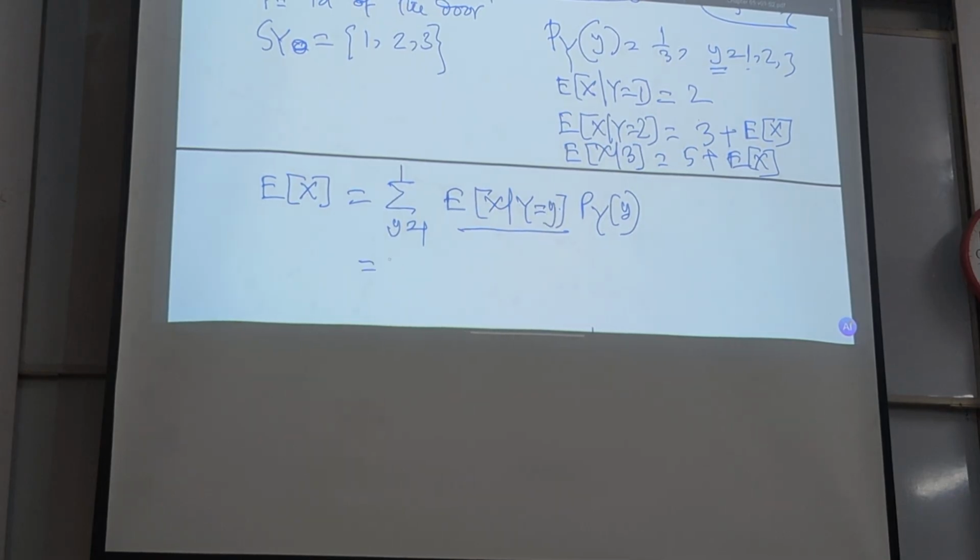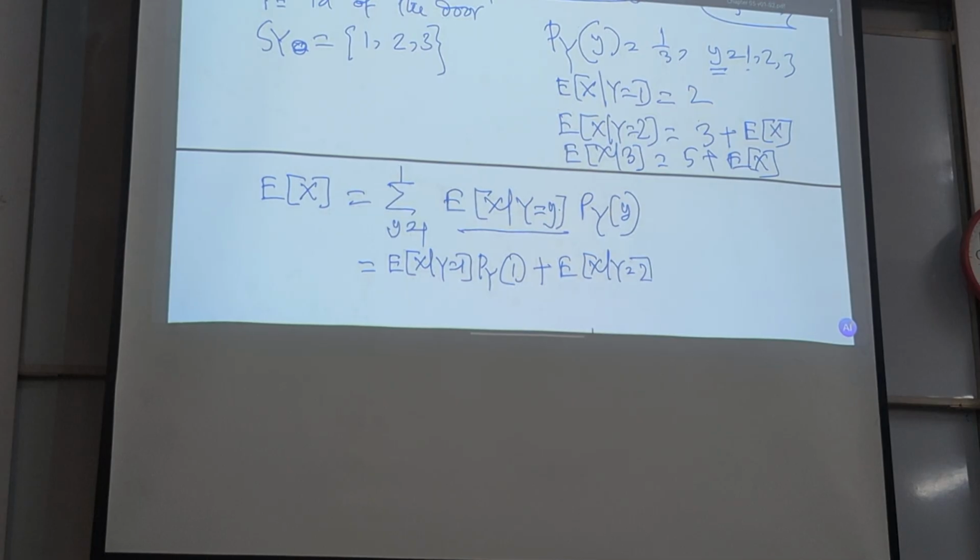Now, this equation can be translated into expected value of X given Y equal to 1 times PMF of Y for the value 1. Is it okay? Plus expected value of X given Y equal to 2 times PMF of Y for the value 2, plus expected value of X given Y equal to 3 times PMF of Y for the value 3. Okay.